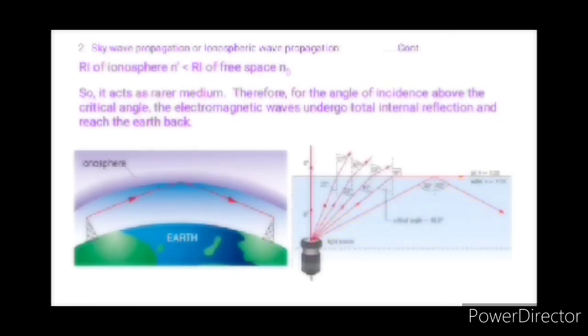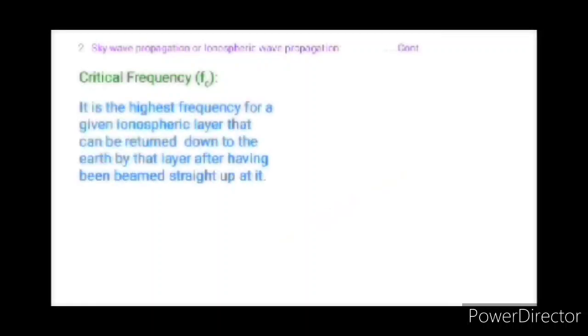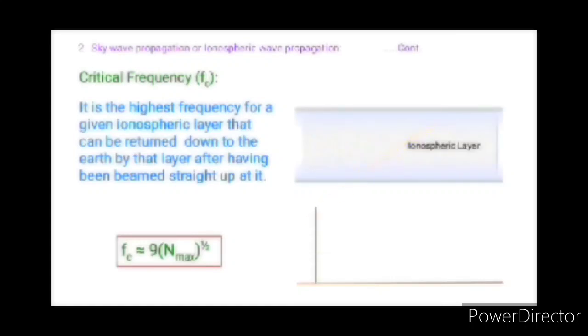The critical frequency is the highest frequency for a given ionospheric layer that can be returned down to the Earth by the layer after having been beamed straight upon it. When we incident electromagnetic radiation with a particular frequency, if the frequency increases, the wave will travel deeper and deeper into the ionospheric region and may be reflected back from that region, provided the electron density in that region is sufficient to reflect back.